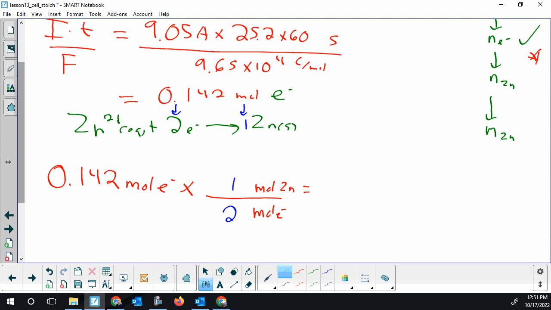So my moles of electrons cancel out. How do I know what goes on the top? It's what's required, what we want. What goes on the bottom? It's the type of moles we started with. So that's going to be multiplied by a half.